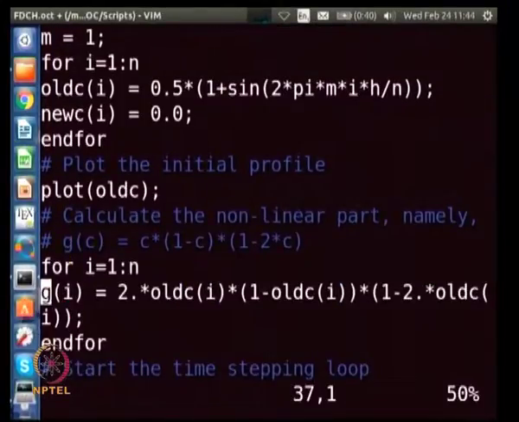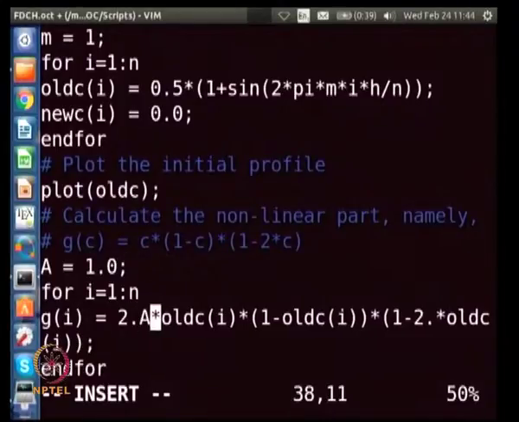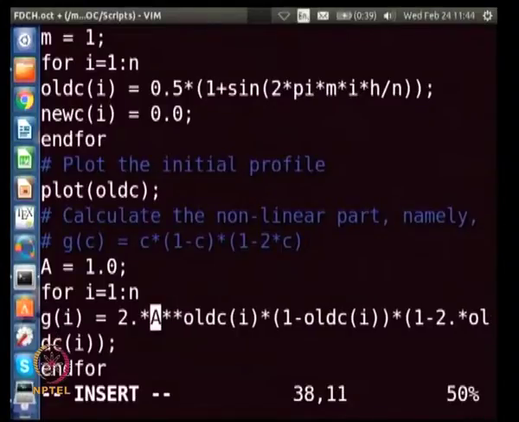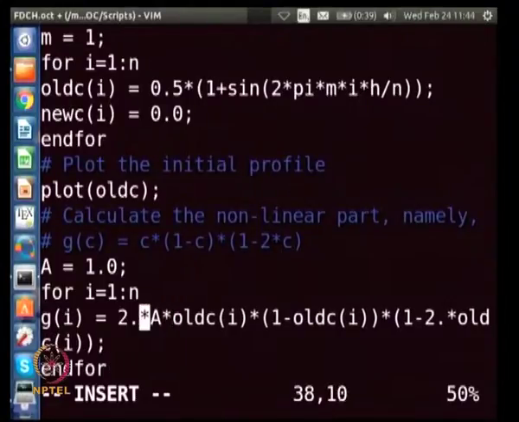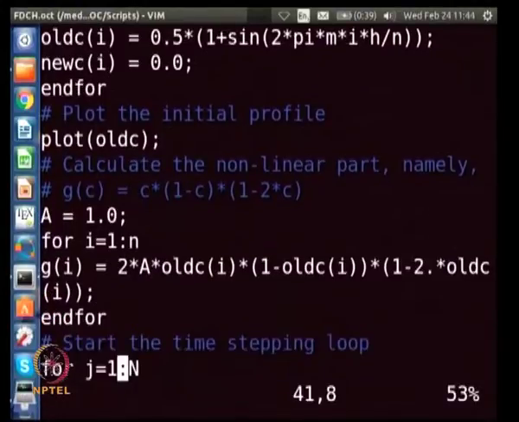Now I have the for i equal to 1 to n, g of i is 2 times old C i, minus 1 minus old C i, minus 1 minus 2 old C i. So, this is how we calculate g. G was 2 A, and A is 1, so let me define that also: A is equal to 1. So, this is 2 into A into old C into 1 minus C into 1 minus 2 C.